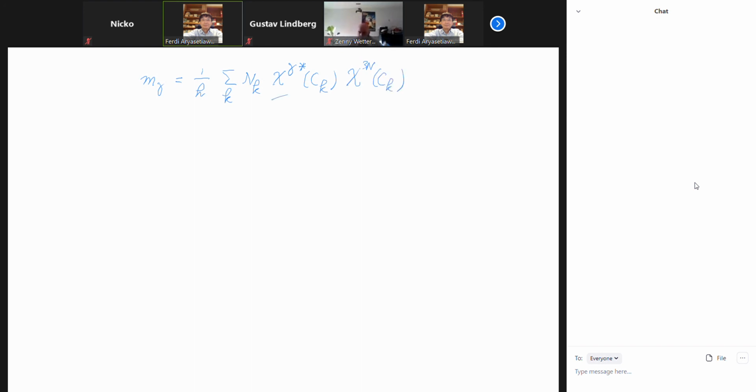So the characters of the group, this is where the character table comes in. That's why the character table is very important; it's essential when we want to apply group theory to real problems. Let's sketch this again.